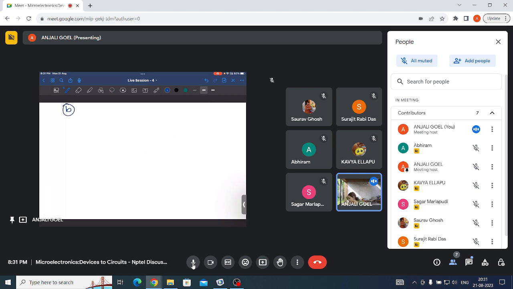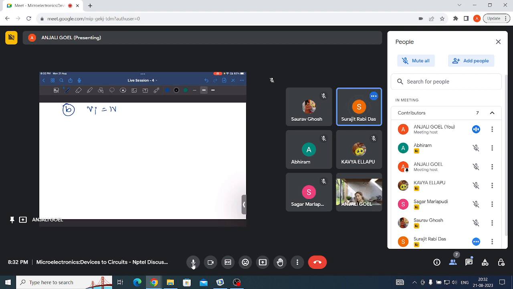Okay. So if Vi is equal to 1 volt, both will be 0.5 volt.